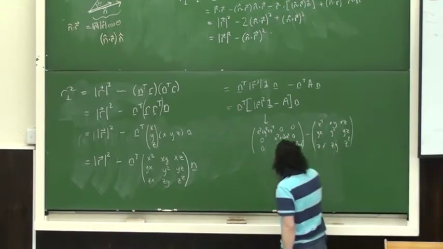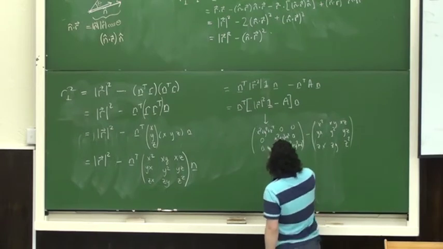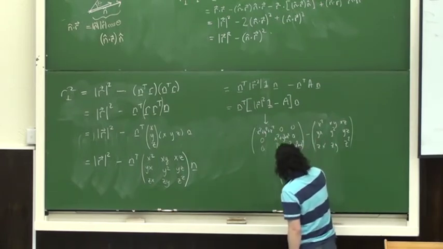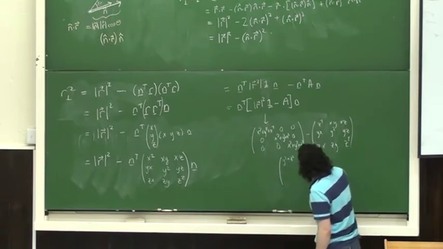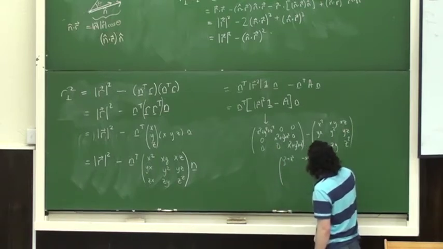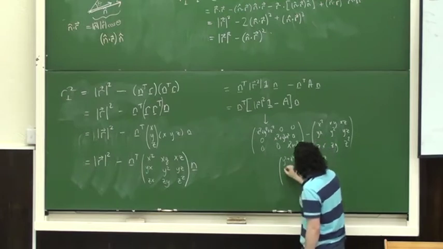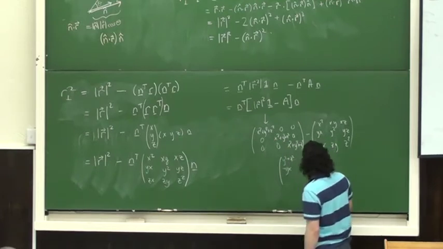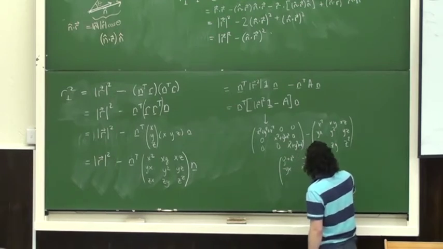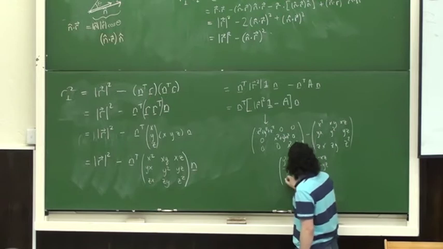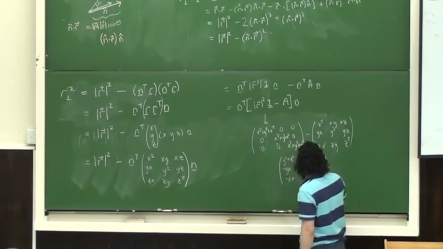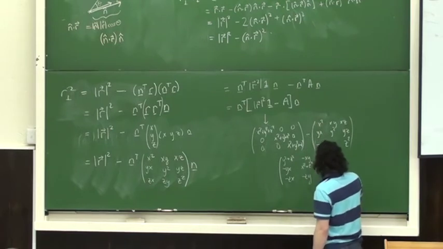Well, the difference is simply y squared plus z squared, minus xy, minus xz, minus yx, x squared plus z squared, minus yz, minus zx, minus zy, and x squared plus y squared.